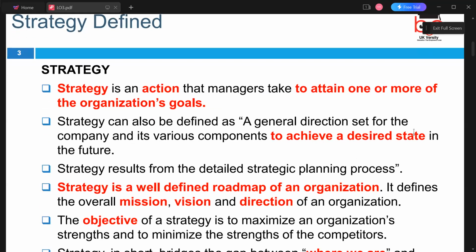So what is strategy? Let's define strategy. By strategy, we're just looking at the actions that managers take to attain one or more of the organization's goals.